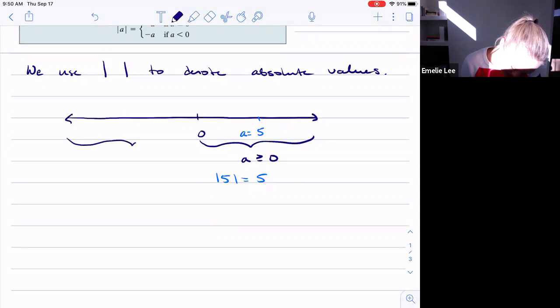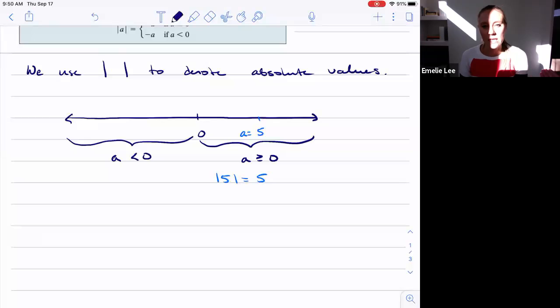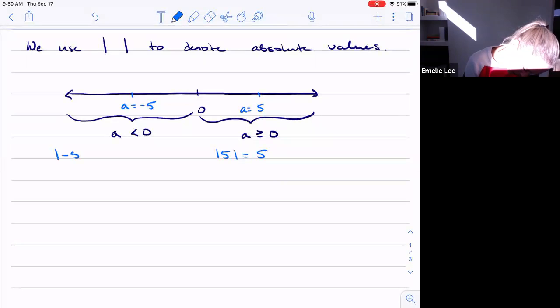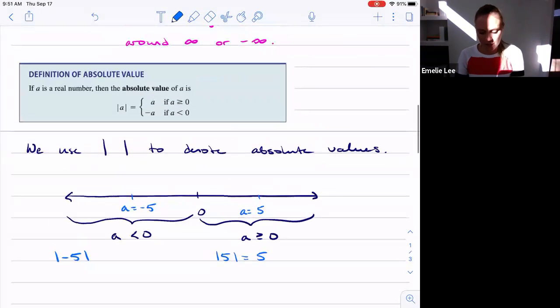Whereas if we go from here, where A is less than 0, meaning A is going to be negative, all these negative numbers, then we'll have something like A is negative 5. If we take the absolute value of negative 5, according to our function here, if A is less than 0, so if A is negative, then the absolute value actually just takes the negative of it.